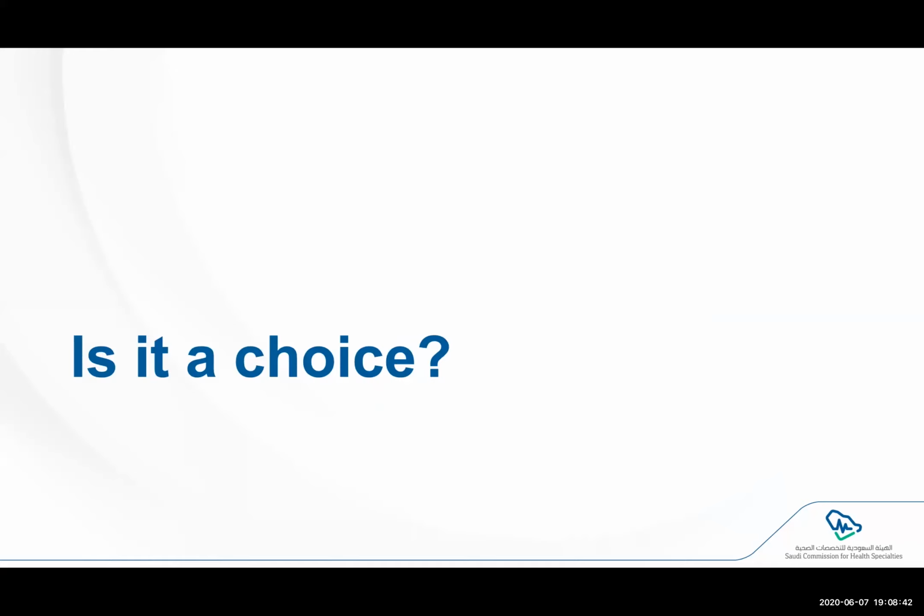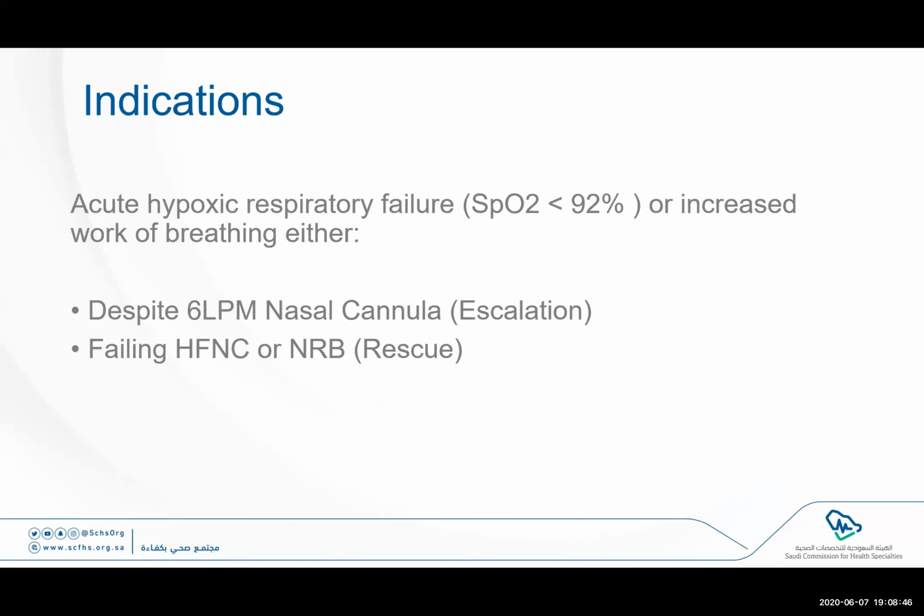So let's go over some of the practical application pearls that we're going to summarize in our presentation today. So when is it your choice? We recommend using the helmet as an oxygen delivery system in acute hypoxic respiratory failure, regardless of the etiology.